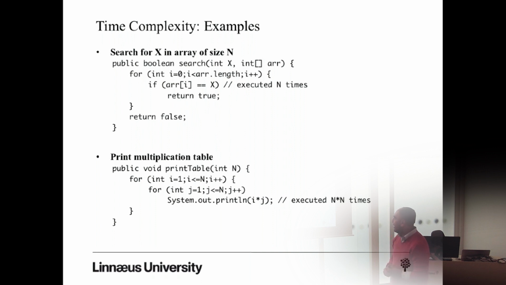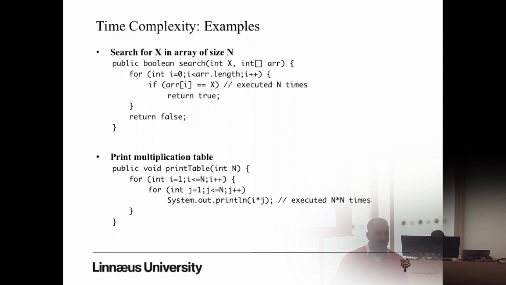So in this case, we know that this statement will execute only once, when the method is called. This other part will execute depending on the length of the array. The statements in the for loop will execute n number of times, and here n is the size of the array.